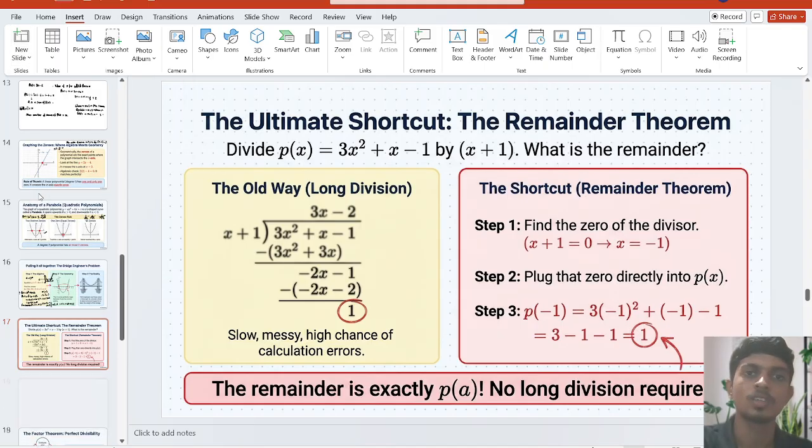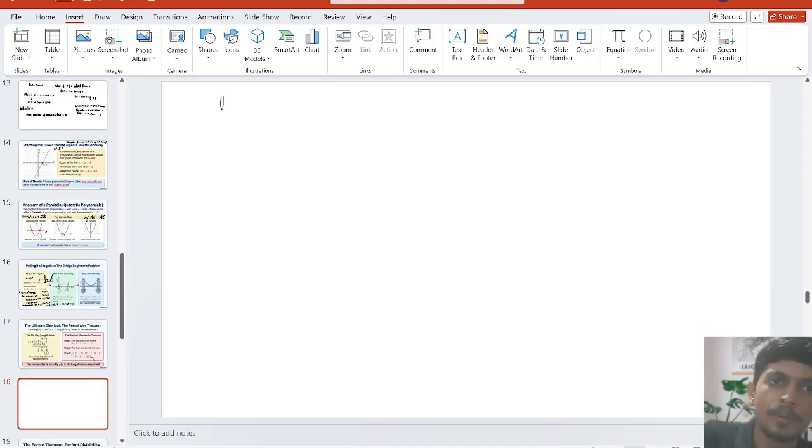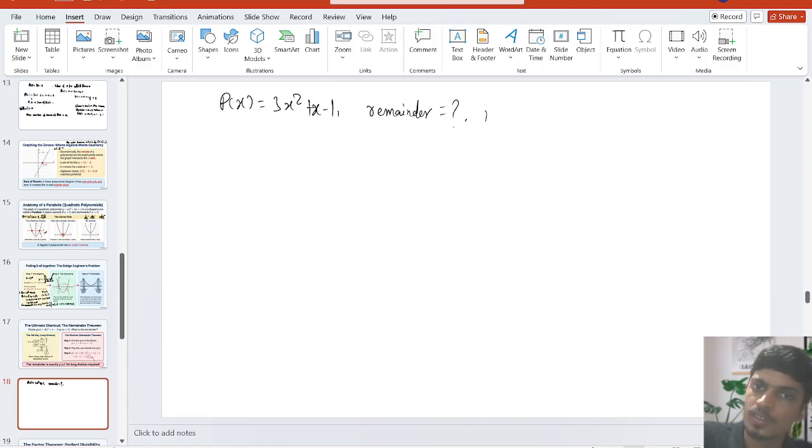Suppose p(x) is equal to 3x square plus x minus 1. We will find the remainder when p(x) is divided by x plus 1.